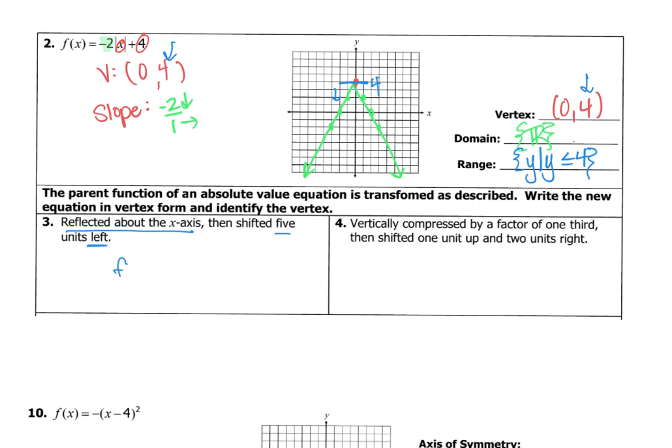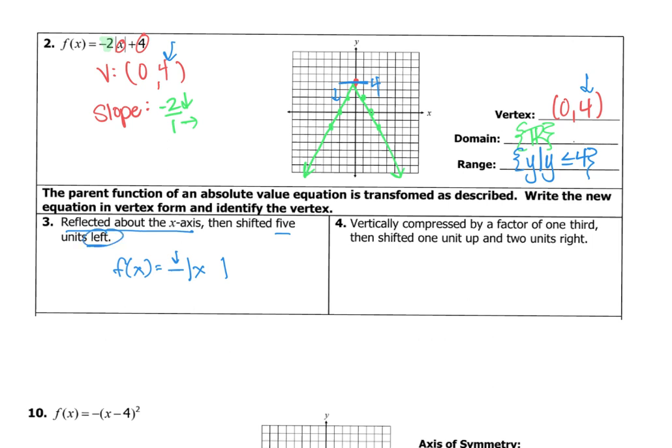Okay, so we always start with f(x) equals. I know that I'm going to have absolute value bars, and an x inside to begin with. What are we adding to that? If we are reflected about the x-axis, that means that we have to put a negative sign at the very front of that, to the left of the bars. So this right here is our reflection, and then we are shifted 5 units left.